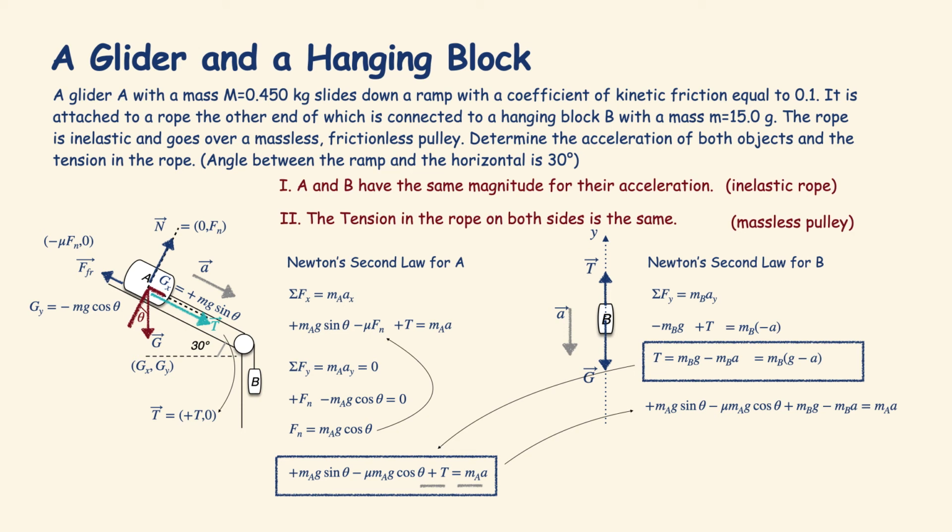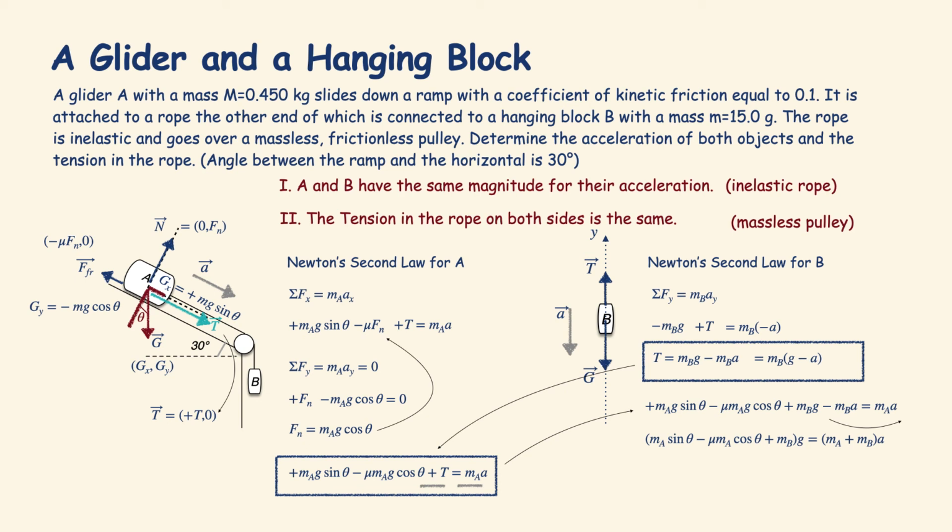I move all the terms with the unknown acceleration a to the right, and that gives me m_A sine theta minus mu m_A cosine theta plus m_B, everything multiplied by g, the acceleration due to gravity, has to be equal to the sum of two masses, m_A plus m_B, times the acceleration.